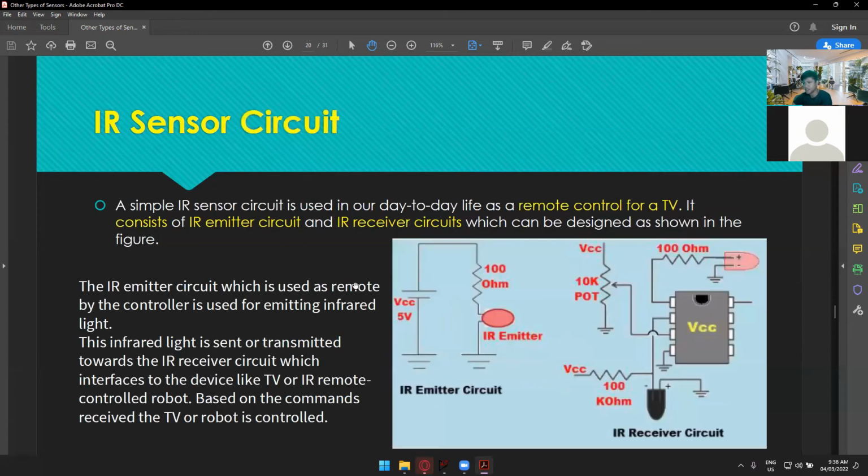Here is another IR sensor circuit that you can check. This one is mostly used for remote control, since, maybe the LED TV that we are seeing, the red one emits infrared. But this is not limited to remote control for TV.